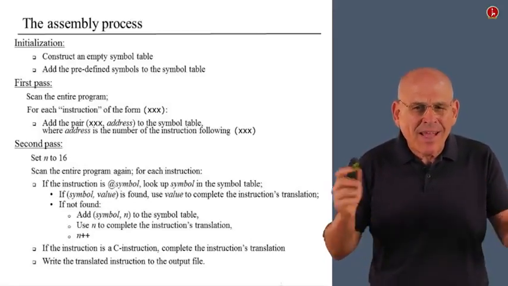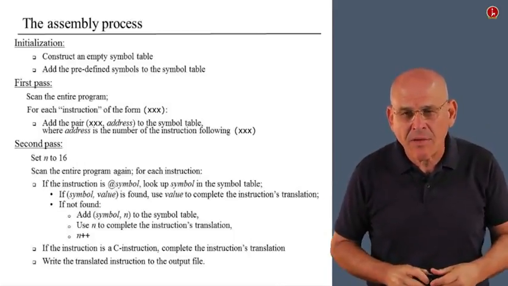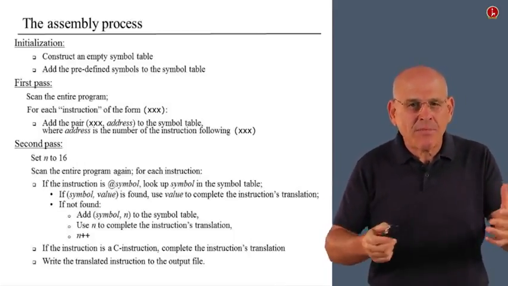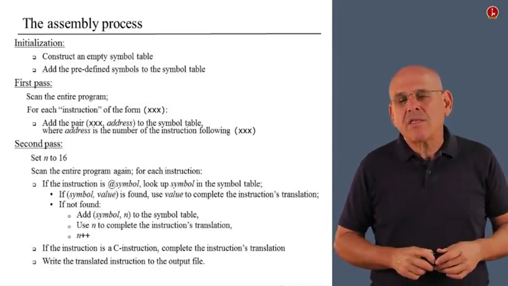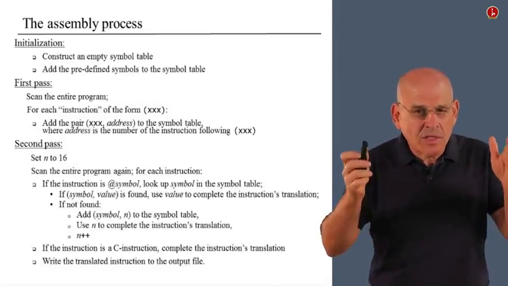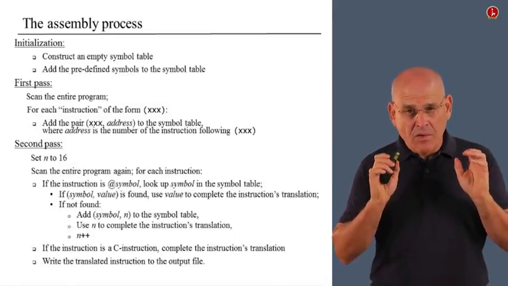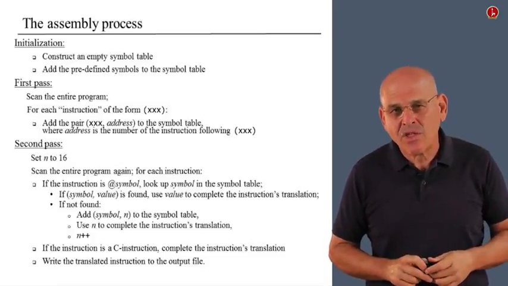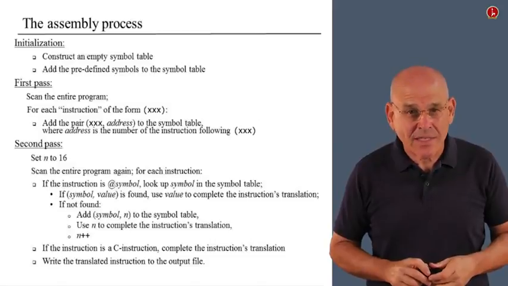Now, I intentionally didn't read all the details of this algorithm because I discussed them in various ways in the previous units and in this unit. So you are welcome to stop the video, consult this algorithm, and convince yourself that it actually delivers the required translation task.